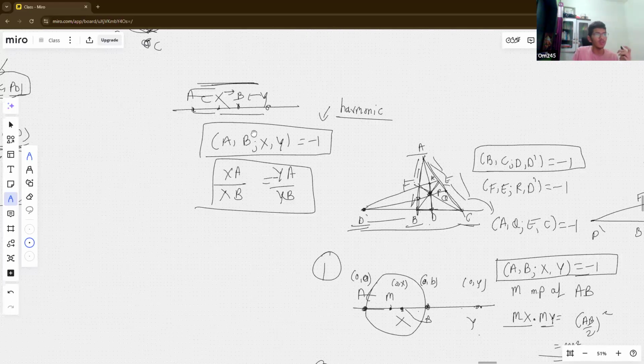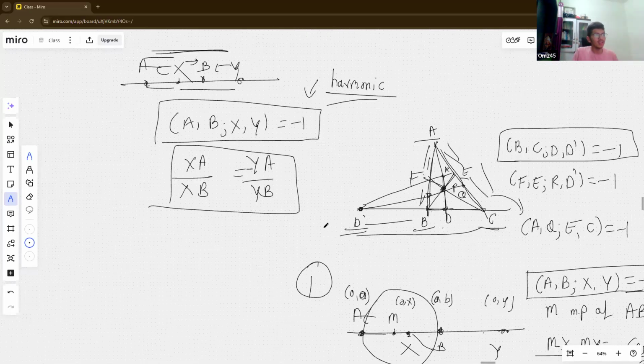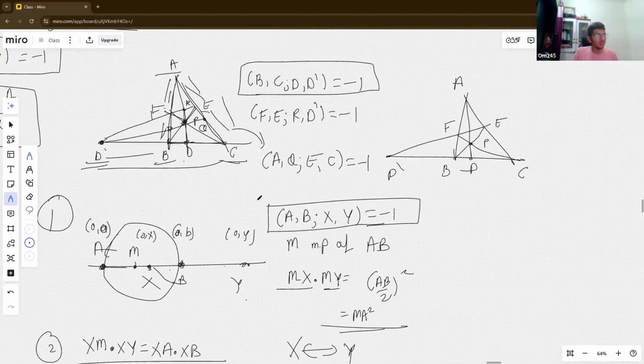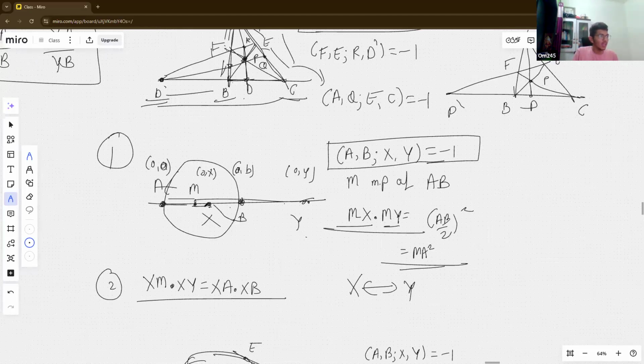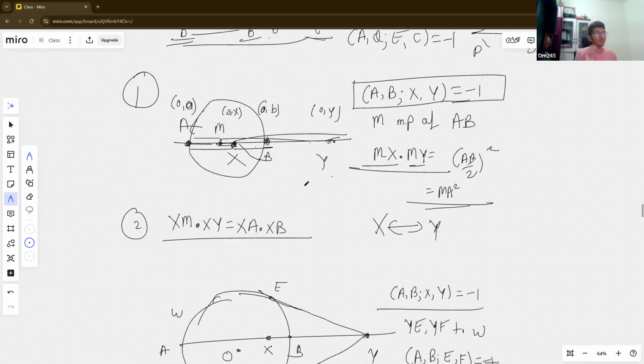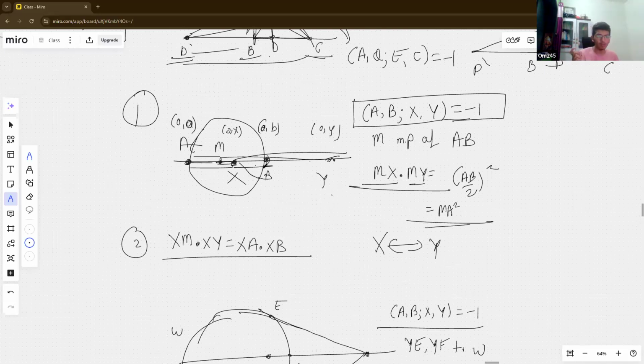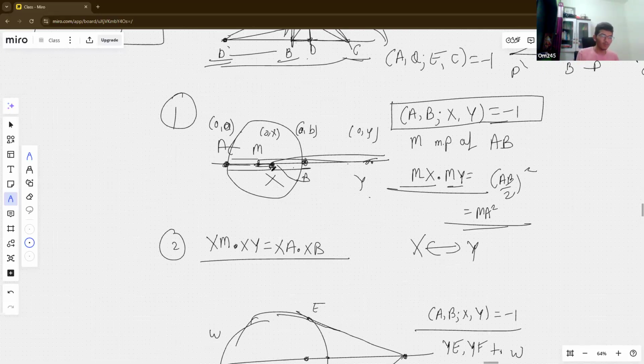So for harmonic bundles, we have this cool fact, like MX into MY is actually MA squared, and XM into XY is XA into XB, which is so much useful. Once you practice, this is so much useful in power of a point. Each of the power of a point problems somehow uses harmonic bundles. If you find some harmonic things, you tend to consider the midpoints of some segments, which makes so many nice things.